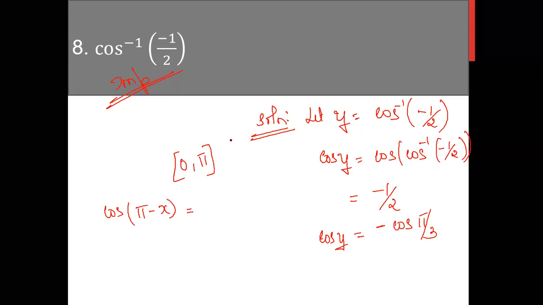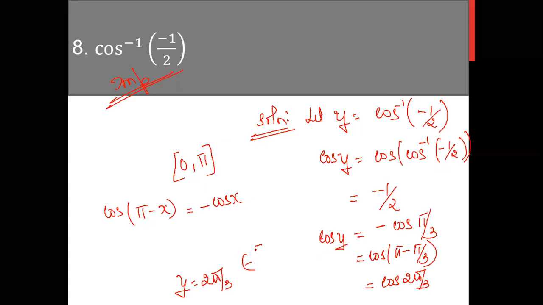Good, Subramanya, Nitya. So here I have minus cos pi by 3. So you can write it as cos pi minus pi by 3. Again, pi minus pi by 3 is cos 2 pi by 3. And clearly y is equal to 2 pi by 3. 2 pi by 3 is 180 minus 60, that is 120 degree, and 120 degree belongs to our principal value branch. So this is the correct answer.